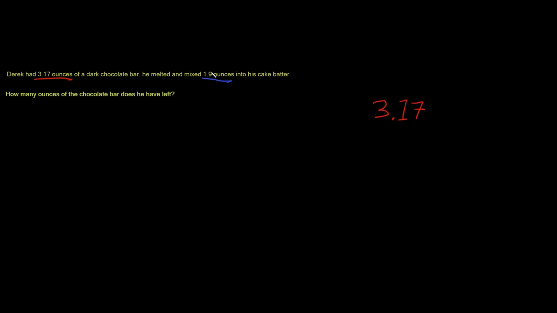And we're going to need to take away the amount he used. The problem says right here, he used 1.9 ounces. So we're going to subtract 1.9 ounces. We can put a 0 here to fill in the spot. And we can subtract these values. So 7 minus 0 is 7. 1 minus 9 would get us a negative number, so we need to take 1 out of this, and taking a 1 out of the ones place and putting it into the tenths place would add 10 to the value, so this will be 11 now. 11 minus 9 is 2.